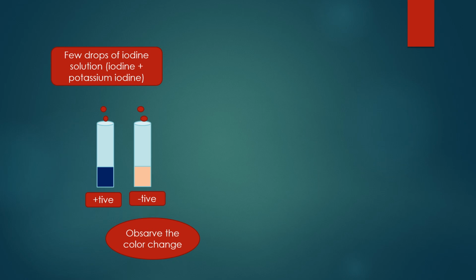But if the sample gives another color like black or orange yellow, that means the sample contains another polysaccharide, because as you know, different polysaccharides give a different color for the complex between helix and polyiodide.